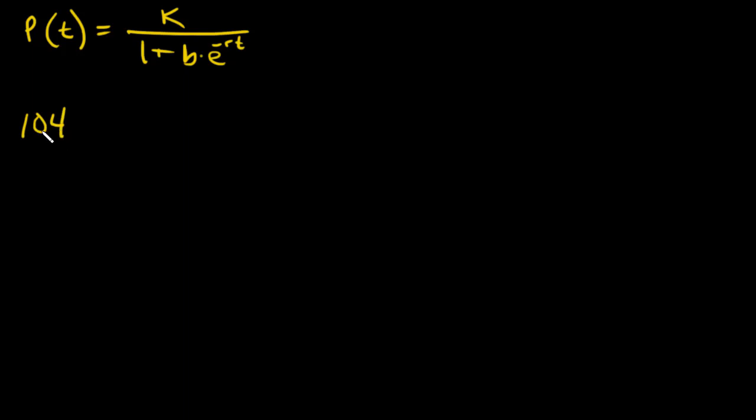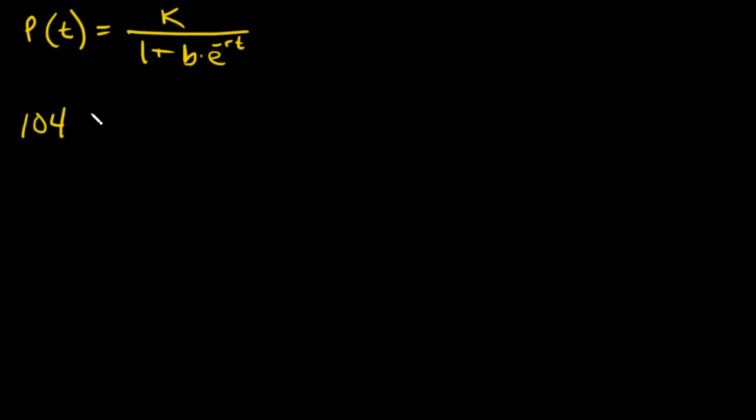Clear that, and we're going to have P of T is equal to K over 1 plus B e to the negative rt, like so. Alrighty. So for our initial condition, we're going to have our P of T value is going to be 104.